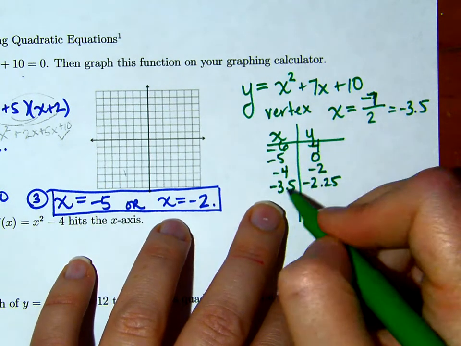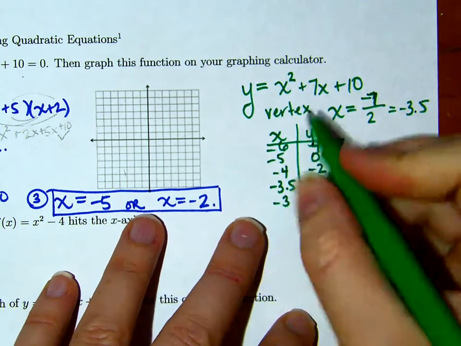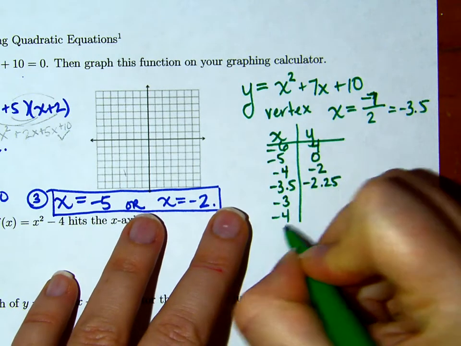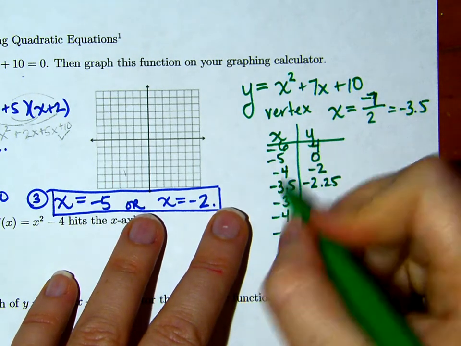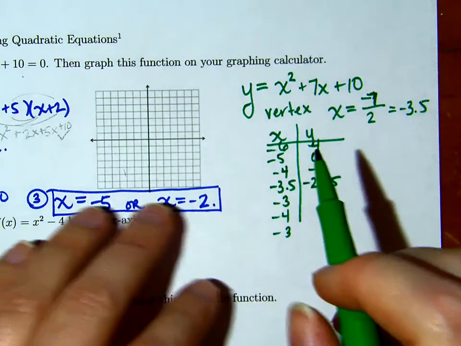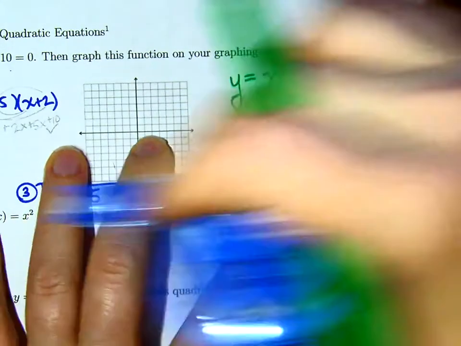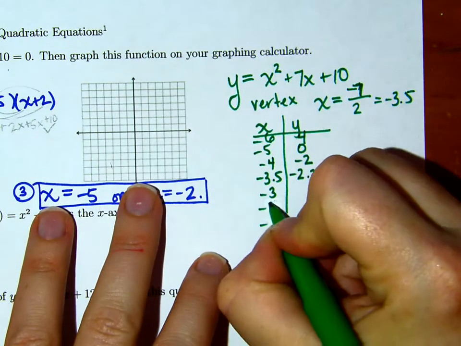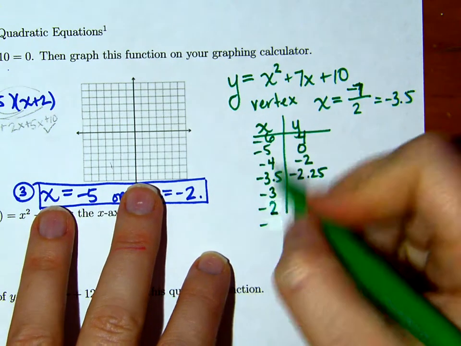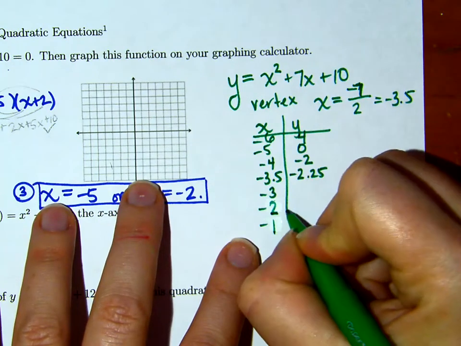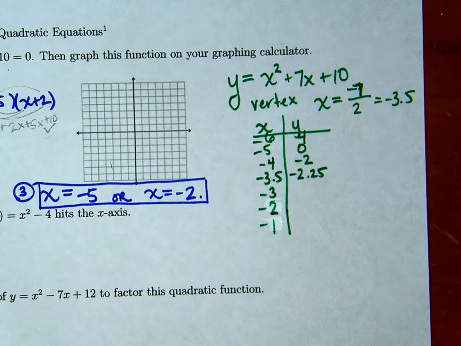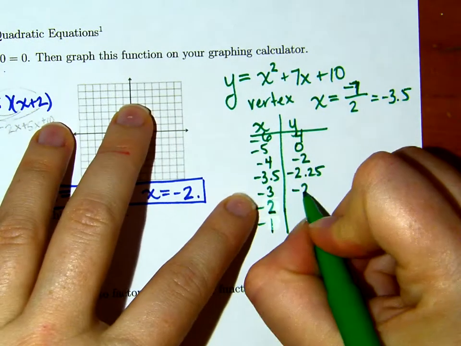So instead of going below it by a half, I'm going to go above it by a half. That's -3 and -4 and why did I say 4? I meant 2. Silly. -2 is 1 above that, and -1 is 1 to the right of that even. Okay, and then symmetry shall prevail.